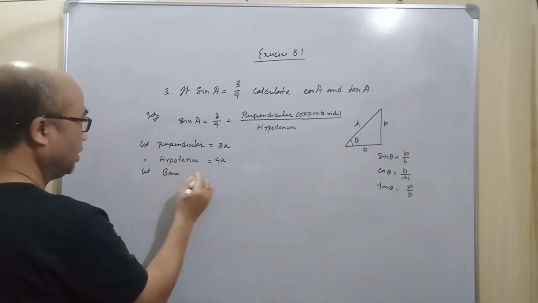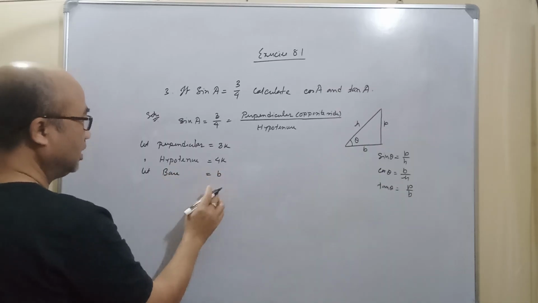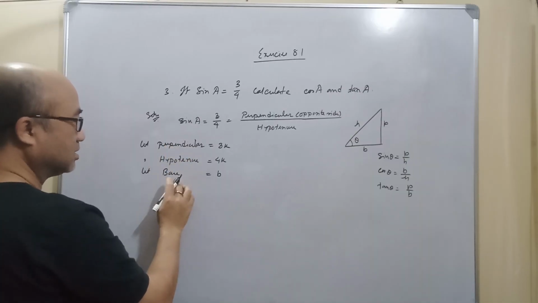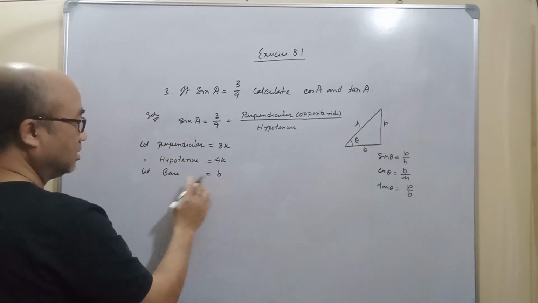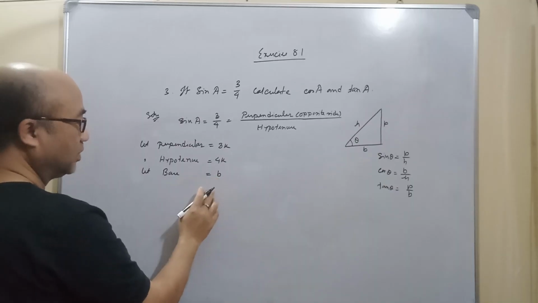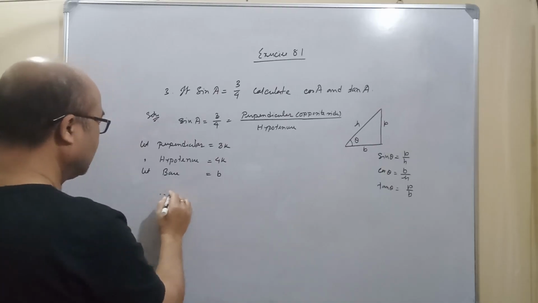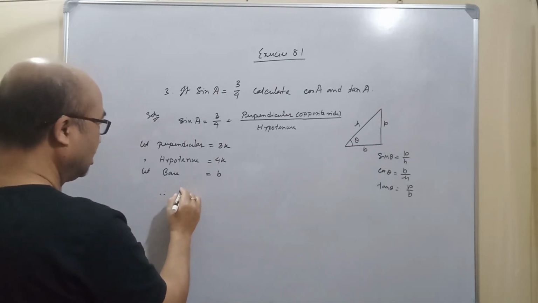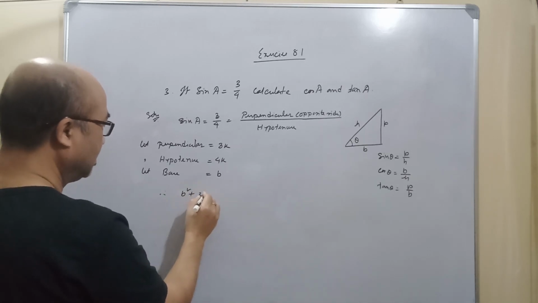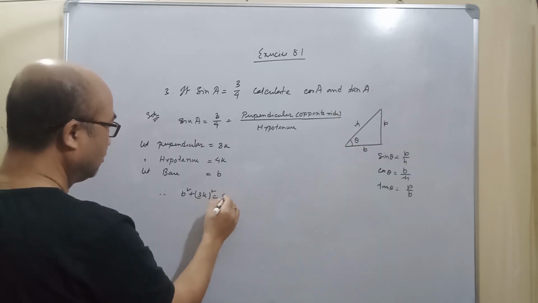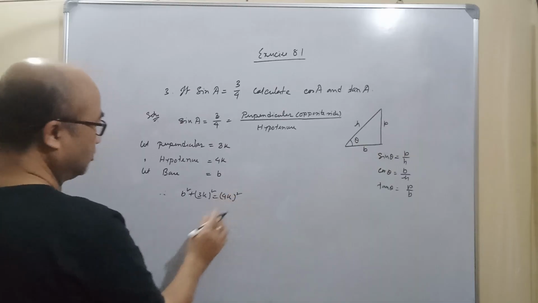We have perpendicular and hypotenuse, so we need the base. Let the base be b. Hence b square plus 3k square is equal to 4k square.